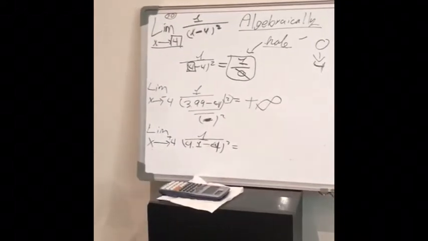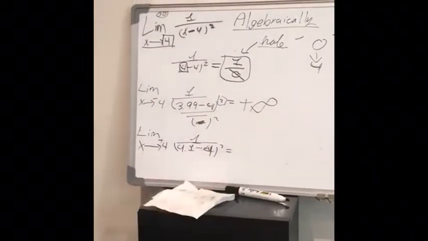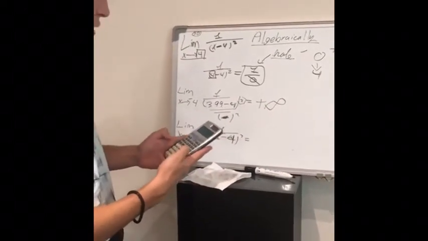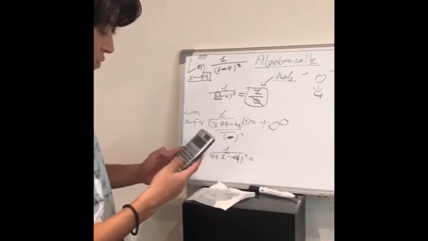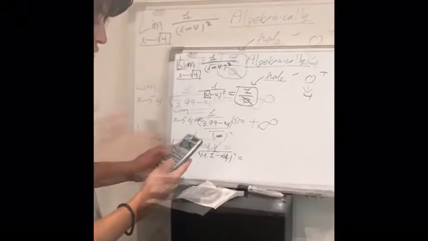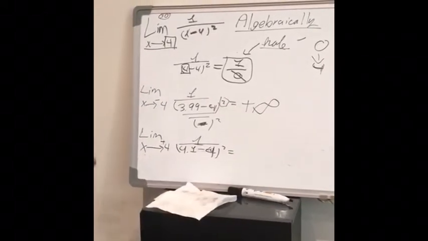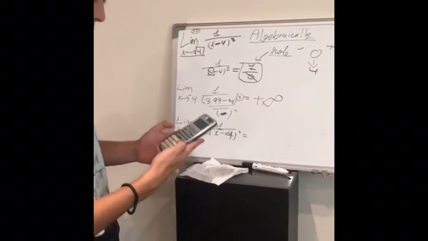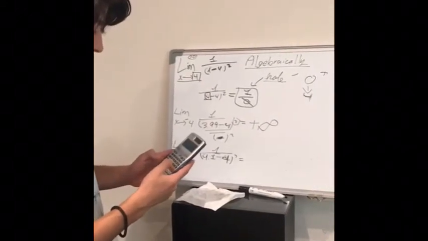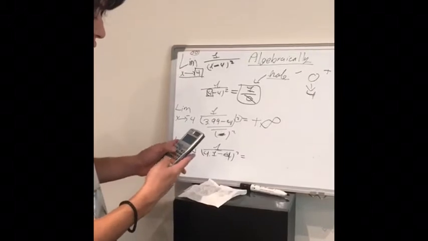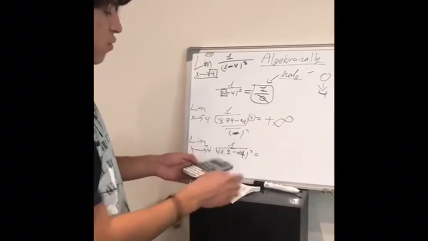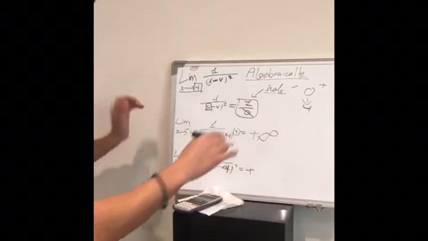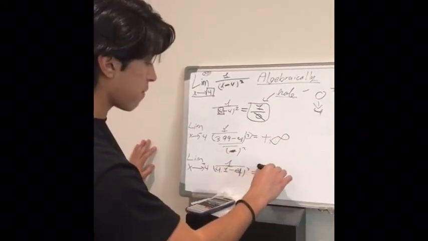So you can plug it into the calculator, or do it without a calculator. 4.1 minus 4 is equal to 0.1, squared. It's 0.01, so it's a positive number. So the answer will be positive infinity.